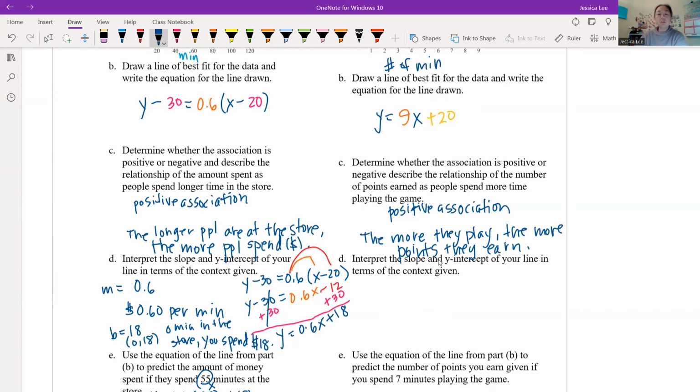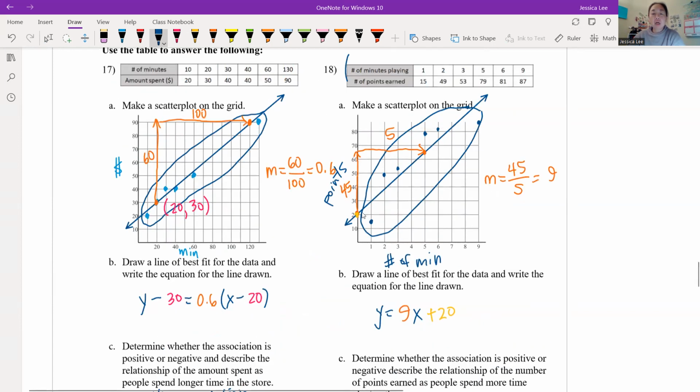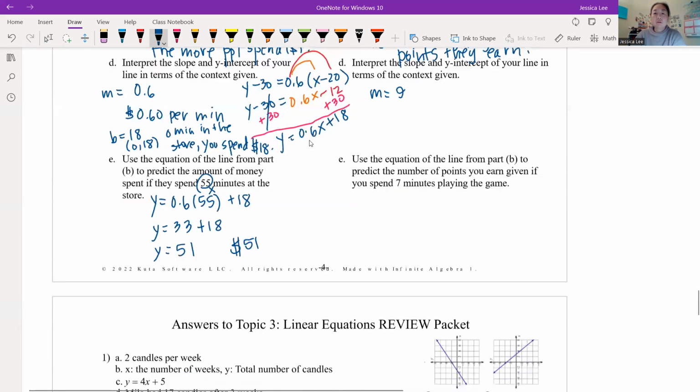All right, so interpret the slope and the y-intercept of your line. This time we do have the slope and the y-intercept. So here we go. Slope is m equals 9. What's our rise? So 9 points per minute of playing. And then our b is going to be our 20.